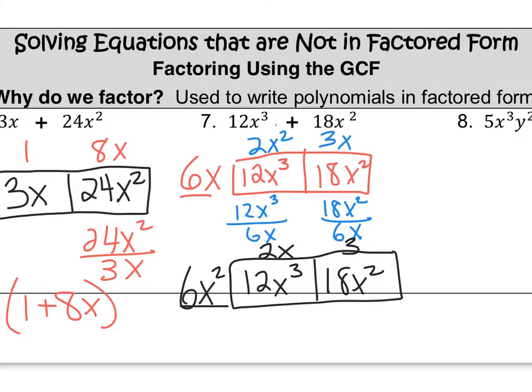So my answer is 6x squared times 2x plus 3. So that's my answer. So area models work out great. If we're looking for the greatest common factor, sometimes you have to take it in 2 or 3 steps before you've seen everything that you can take out.